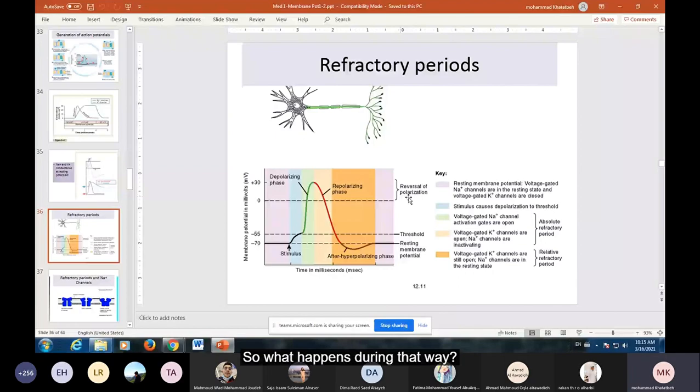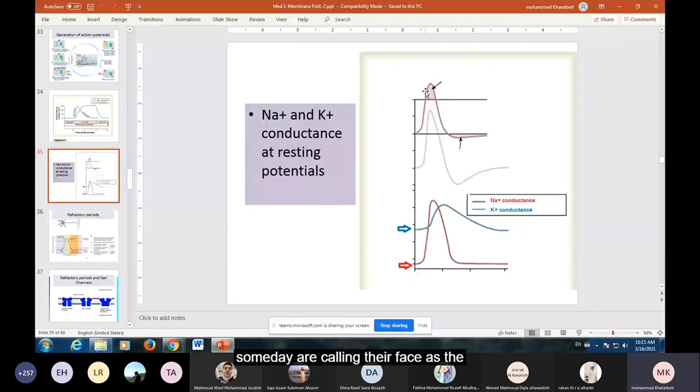During that phase, the membrane becomes positive inside with regard to outside, and that phase is called the overshoot of the action potential. That period of time from this point to that point is the overshoot.